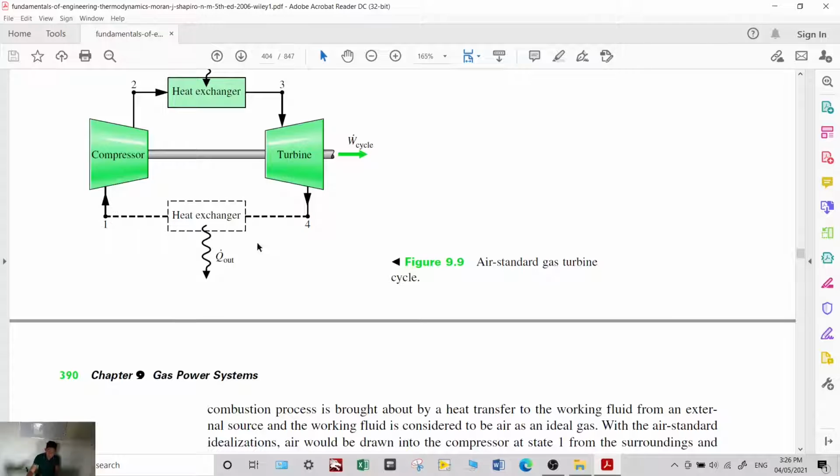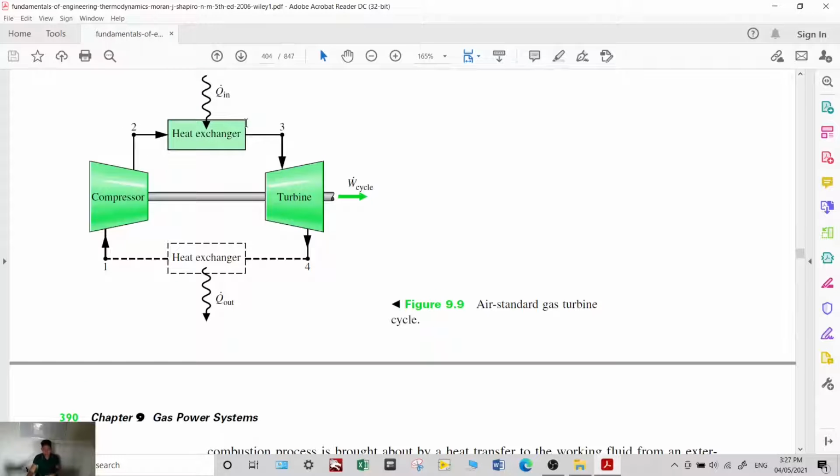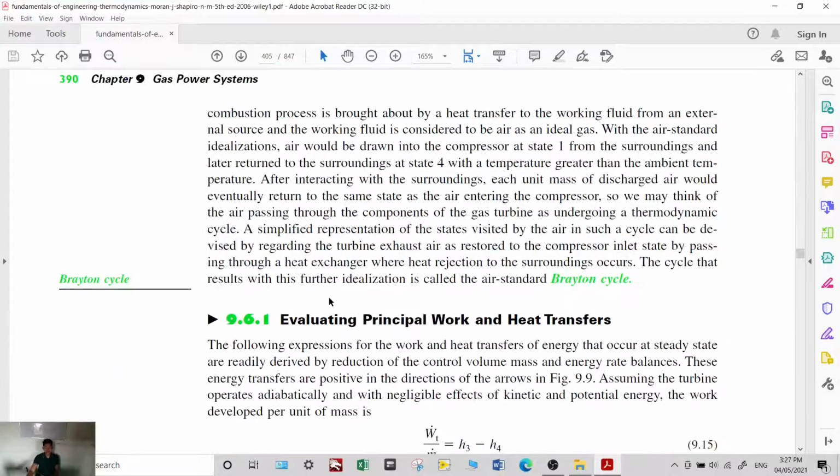Later on, the fluid returns to state 1: fresh air enters the compressor, undergoes a temperature change, and you harness the energy contained in it. So that's the air standard Brayton cycle.